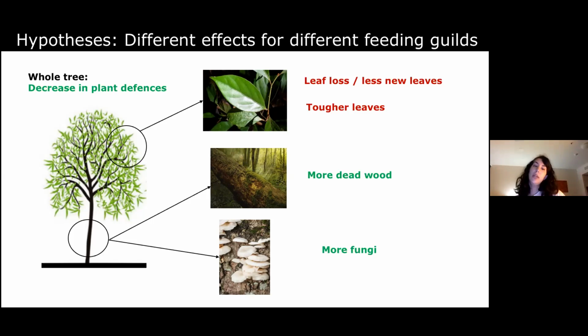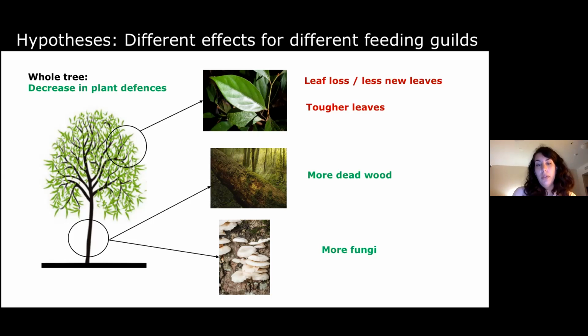But if you look at different parts of the plants, the leaves and the insects that feed on them, like leaf chewers and sapsuckers, with drought we expect tougher leaves and also leaf loss, so less leaf for insects to eat. So we expect leaf chewers and sapsuckers to not do as well with drought.